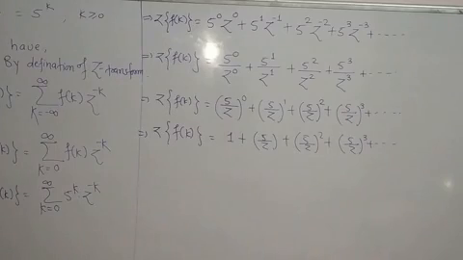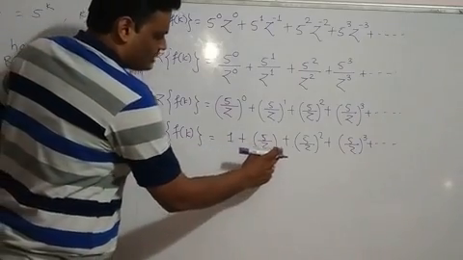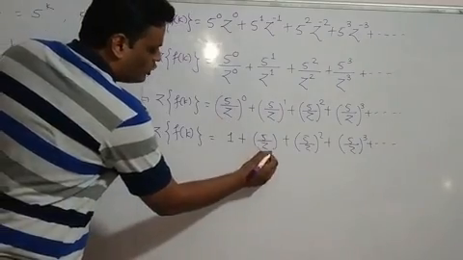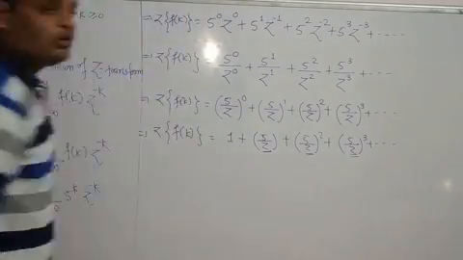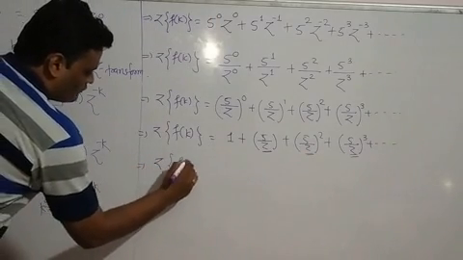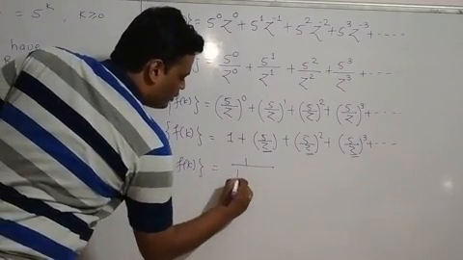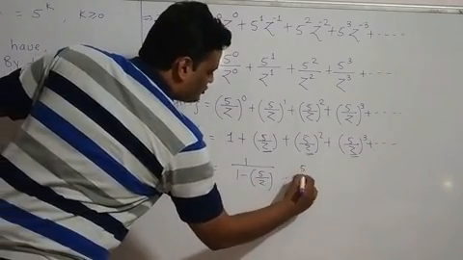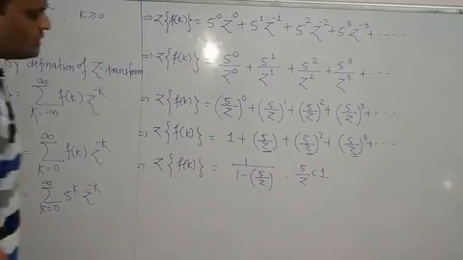Now if you compare this sequence with 1 plus x plus x square plus x cube and so on, what is the value of x over here? The value of x is 5 by z. And you know the value of this sequence: it will converge to 1 upon 1 minus x, and that x must be less than 1.